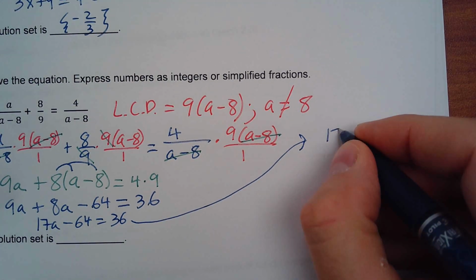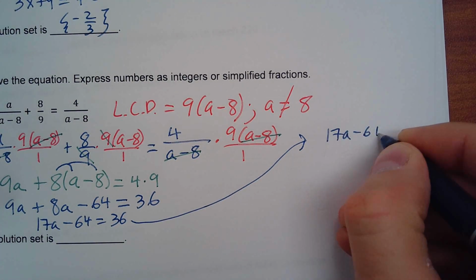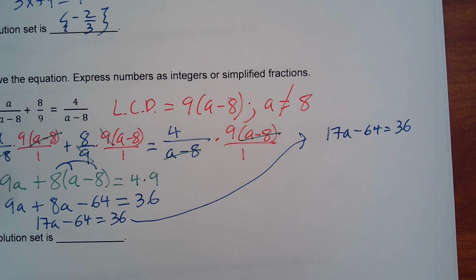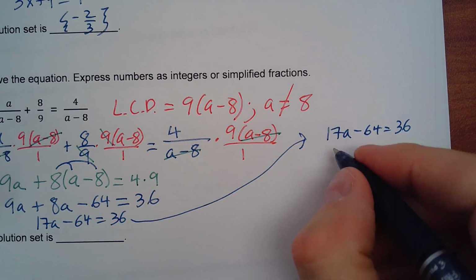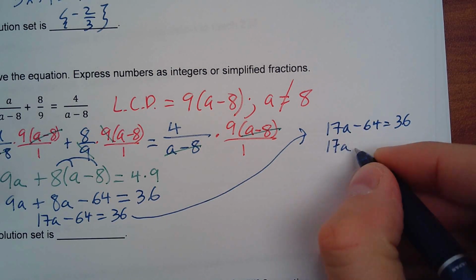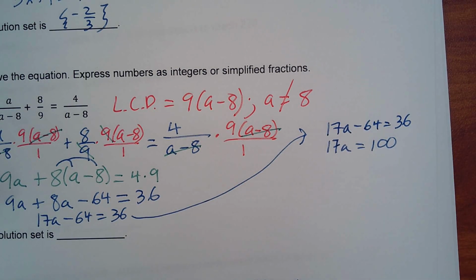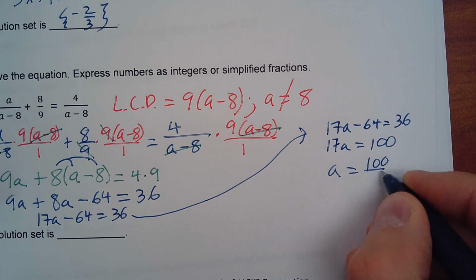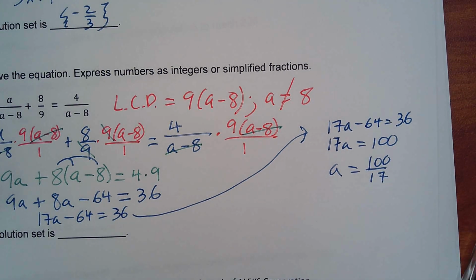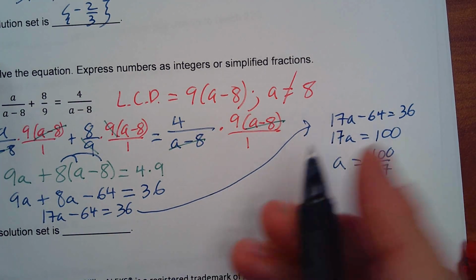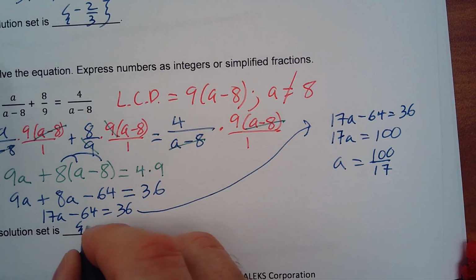And I'm just going to recopy. I'm going to go ahead and add 64 to both sides. That's 100. And I'm going to divide by 17, so that gives me 100 over 17. And that should be our solution set because our restriction was that it couldn't be equal to 8.